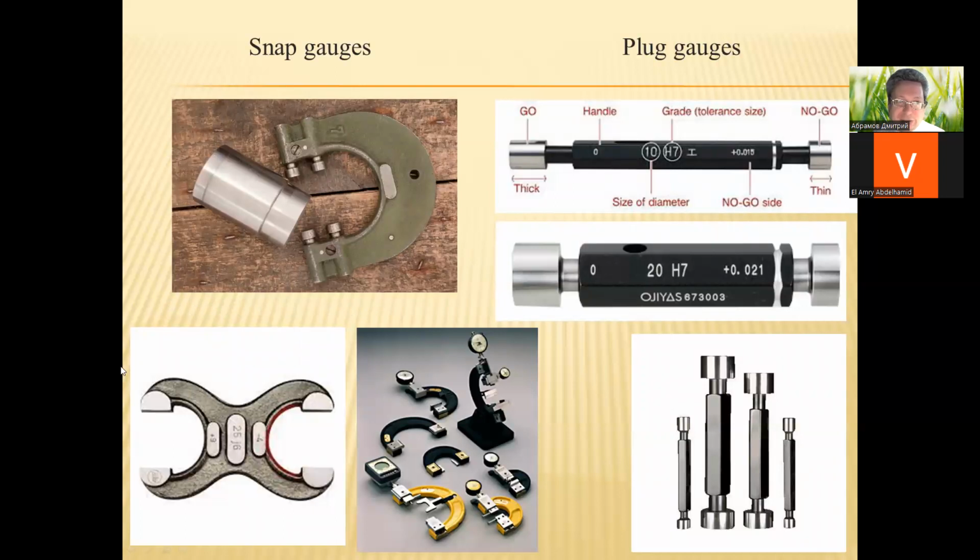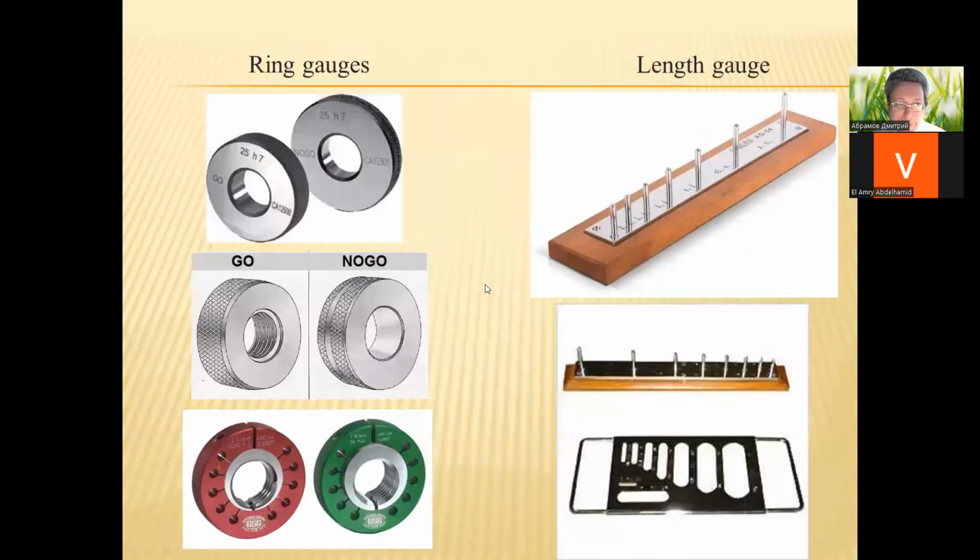In this slide, you can see snap gauges, and plug gauges with go and no-go sides. Next type of gauges is ring gauges, go and no-go ring gauges, and length gauge.